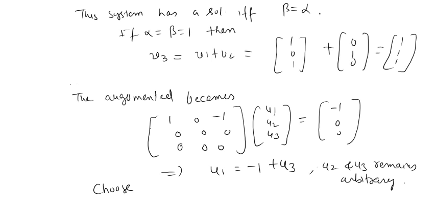This is non-homogeneous, so you can pick u2 and u3 both 0. Therefore u1 is minus 1. So finally vector u is (u1, u2, u3), which is (minus 1, 0, 0). There are many solutions, so we need to pick one solution.